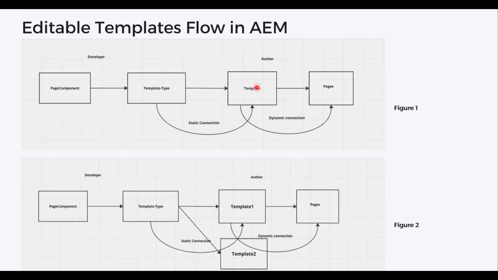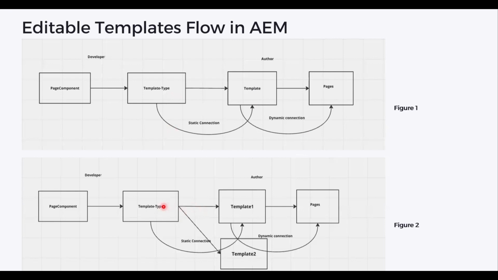If I move to this particular part, generally we create a template based on the template type. This is a static connection. It means that suppose we have created one template based on the template type, and after that maybe we make some changes in the template type. I have added this screenshot just to explain this concept.